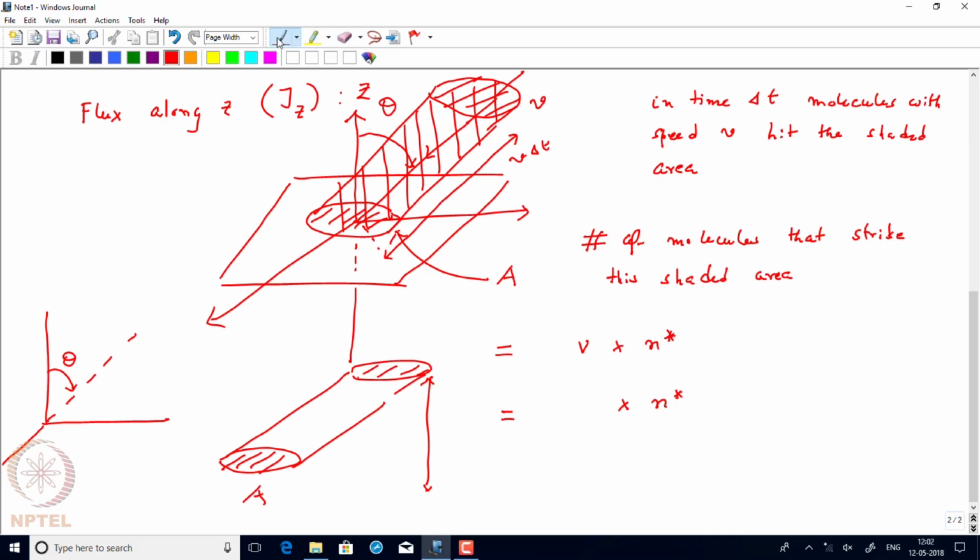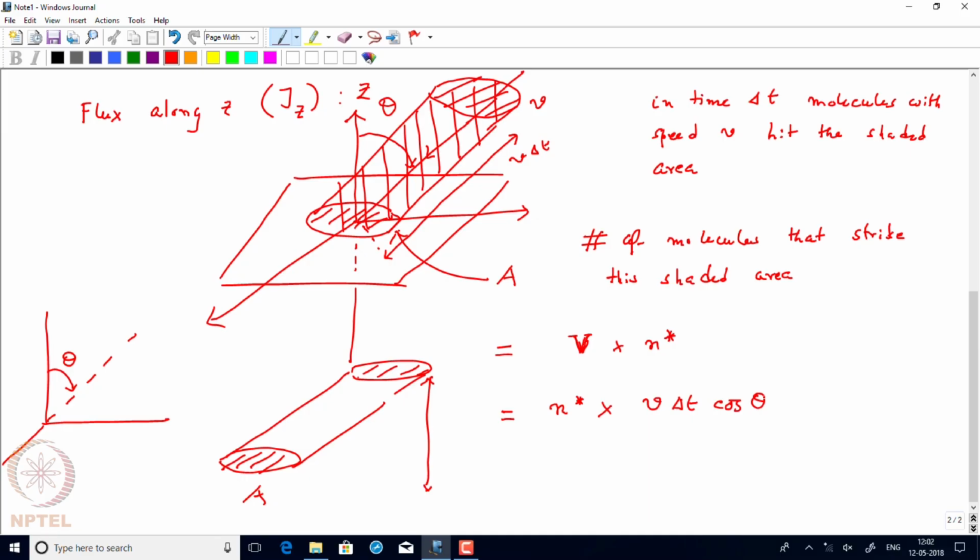V is nothing but the base area times the vertical distance, and the vertical distance, as we just said, is v delta t into cos theta. So I will write n star times, instead of capital V, small v, which is the velocity, v delta t into cos theta.